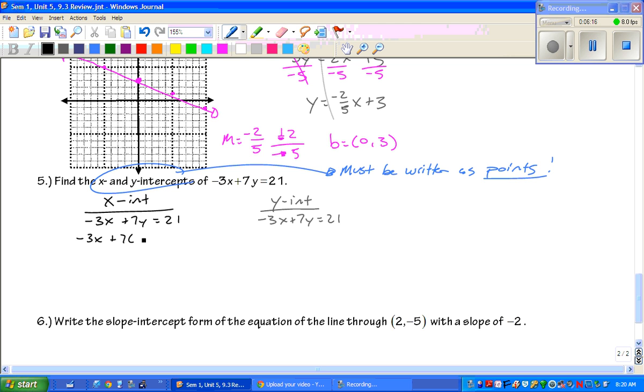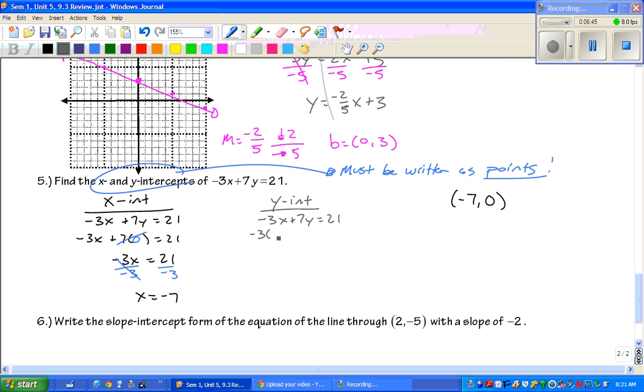When you're finding the x-intercept, y equals 0, so those cancel out, and you're left with negative 3x equals 21. Divide both sides by negative 3, and we get x equals negative 7. So that needs to be written as a point. So x is negative 7, y is 0.